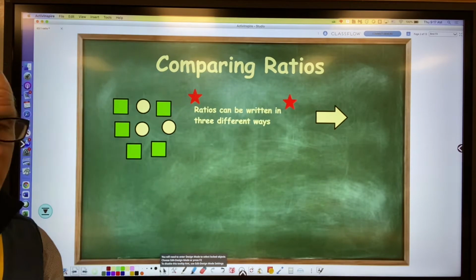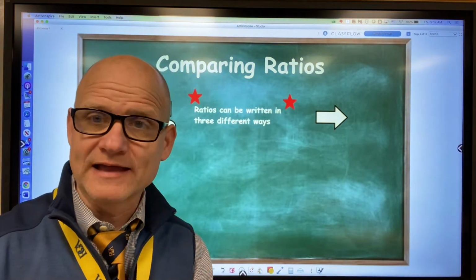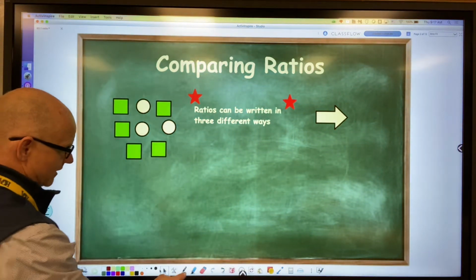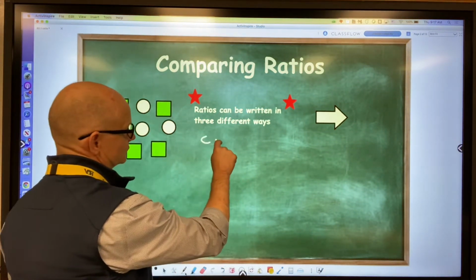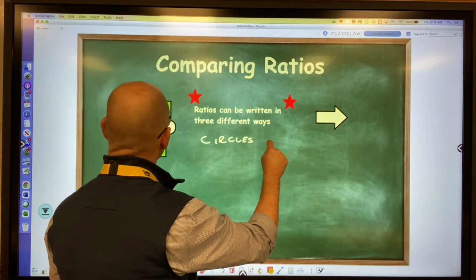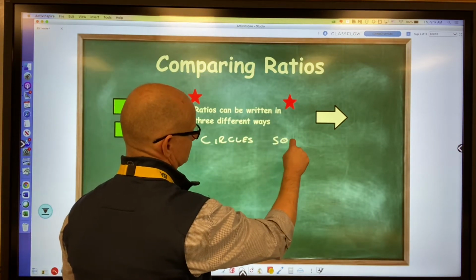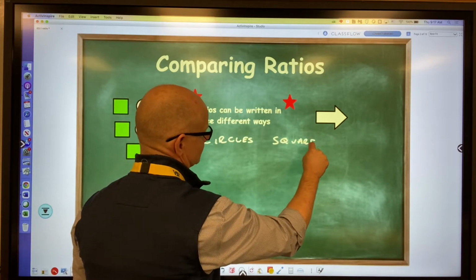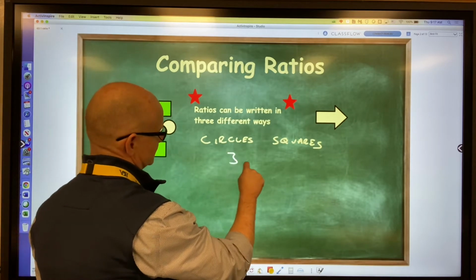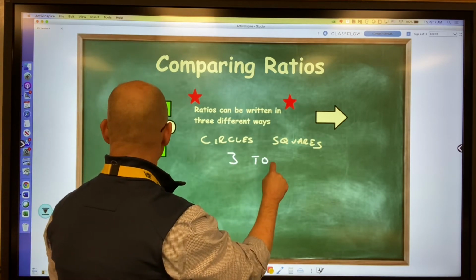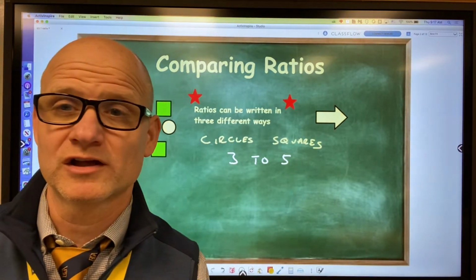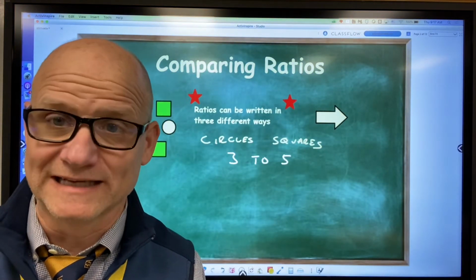If I was comparing part to part, circles to squares, I could write it 3 ways. First way I could write it would be just 3 to 5. So I have 3 circles to 5 squares. That's one way of writing a ratio.